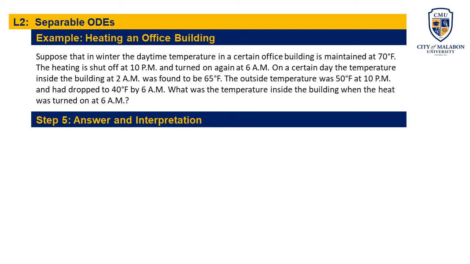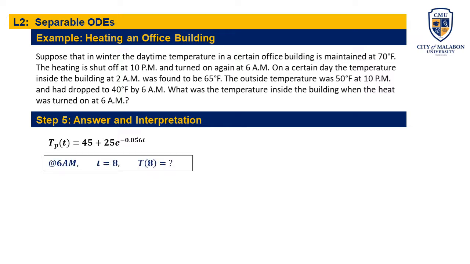As our last step in this particular problem, we are to answer the question: what was the temperature inside the building when the heat was turned on, or at 6 a.m.? With our particular solution, we can now substitute another condition to our time. At 6 a.m., this will be 8 hours after 10 p.m. So therefore, we have t is equal to 8.